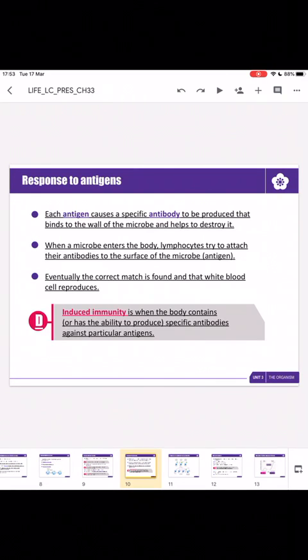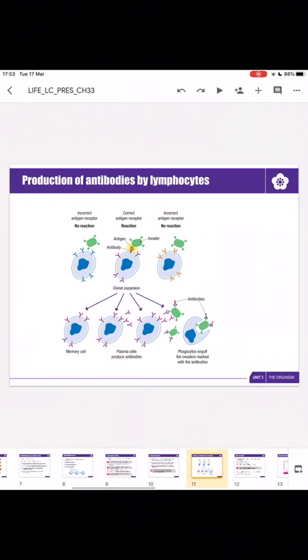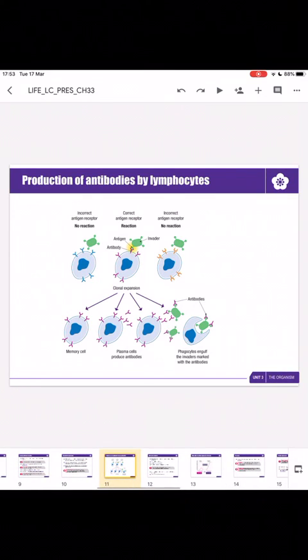So induced immunity is when the body contains specific antibodies against particular antigens. So those are like your memory cells, okay? And then you have this diagram here finally, which sums up the entire thing, okay?